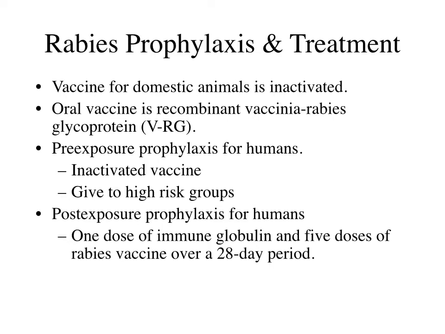And it minimizes adverse reactions to multiple doses of vaccine. Second, it may enhance immunity in persons whose post-exposure therapy might be delayed. Finally, it may provide protection to persons with inapparent exposures to rabies.